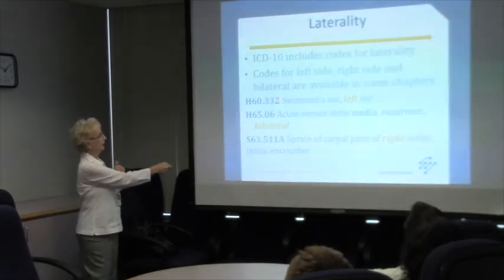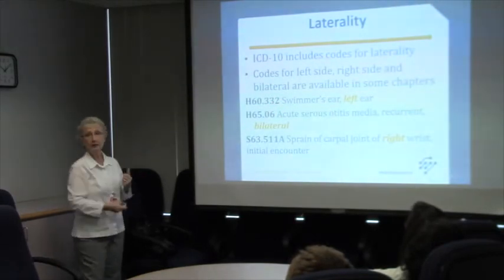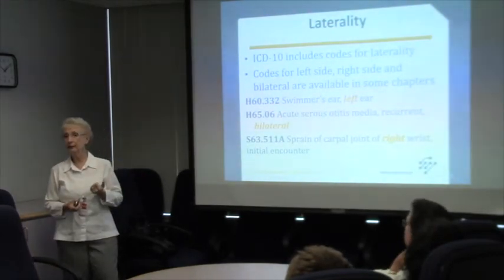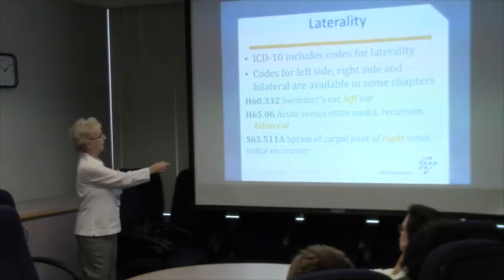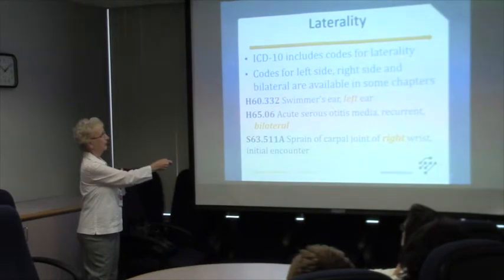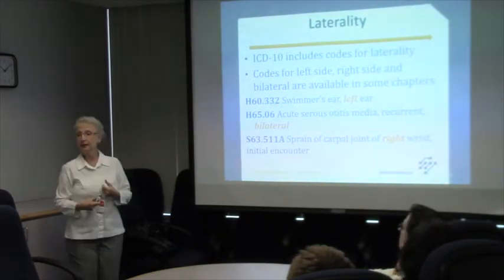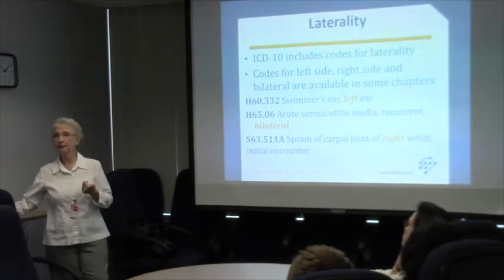So if you got this code, swimmer's ear, unspecified ear, what are you going to do with it? I'm not asking for an answer, it's hypothetical. But if you got this code, unspecified, it's probably going to be a 9 or something. If you got that, what are you going to do?